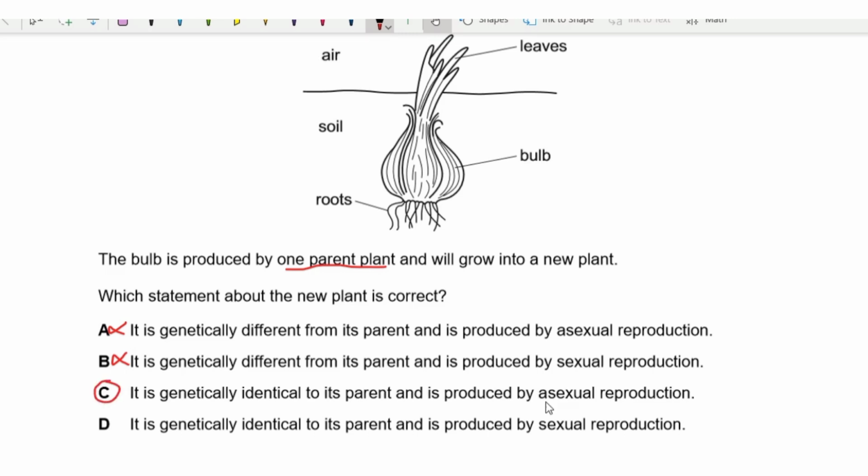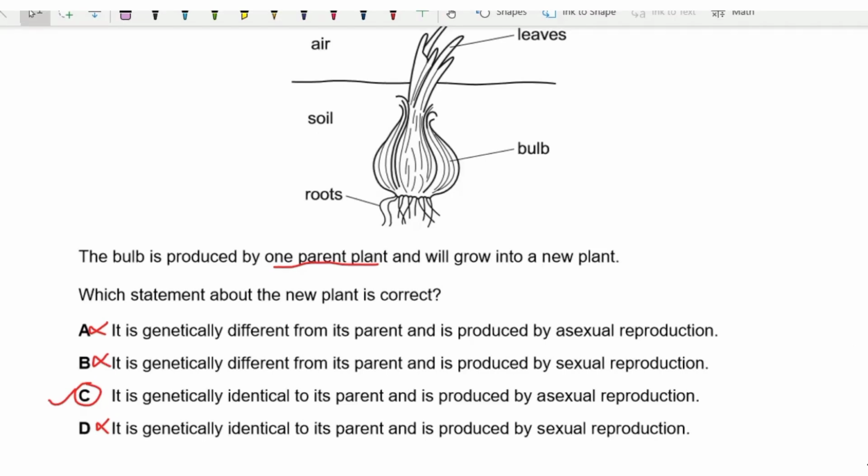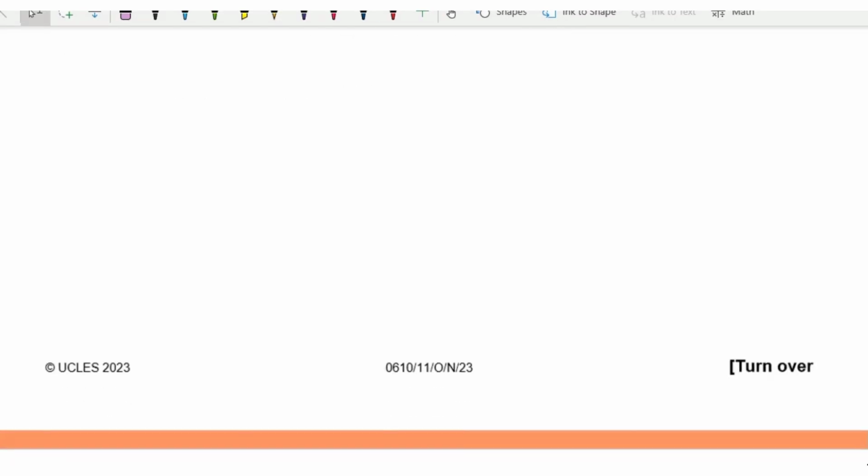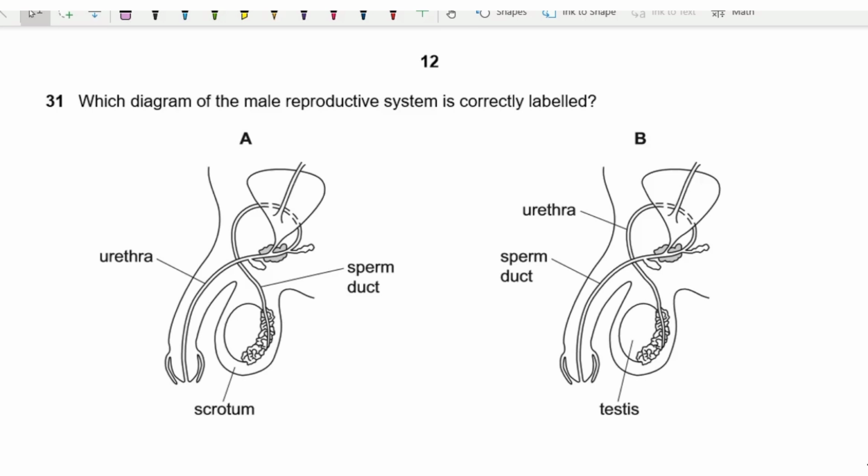And then asexual reproduction, which makes it the perfect answer. Okay, then option D is wrong because it says it is sexual reproduction, or it is rather asexual reproduction. So we can now move to question 31.